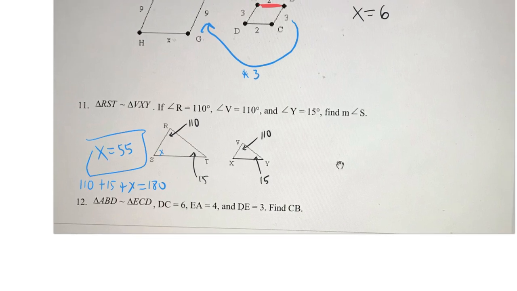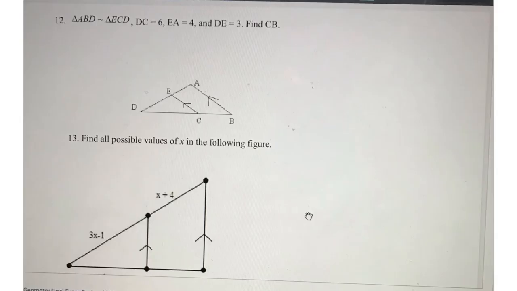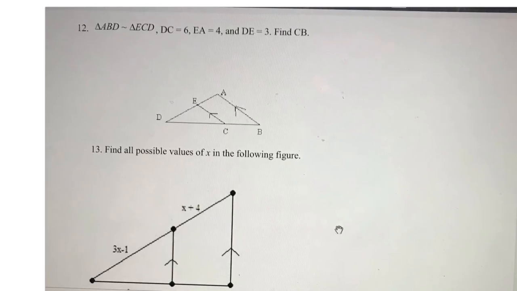Okay, I think I'm actually going to do 12 on the next page. Okay, looking at number 12. So apparently ABD, which is this large triangle, is similar to ECD, which is the smaller triangle, and it's the case that DC equals 6, EA is equal to 4, and DE is equal to 3. We want to find CB.